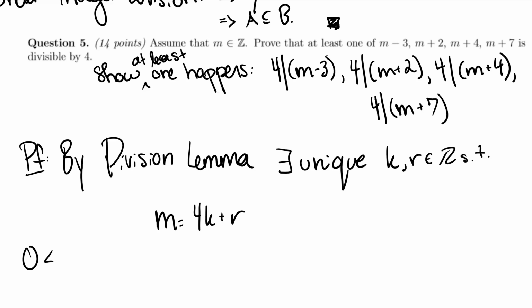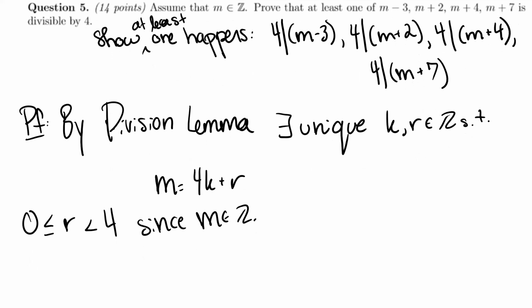And what do we know about r? We're allowed to do this since m is an integer, and 4 is also an integer, but I think we can go without saying that. So r equals 0, 1, 2, or 3, because remember, this is a strict inequality.